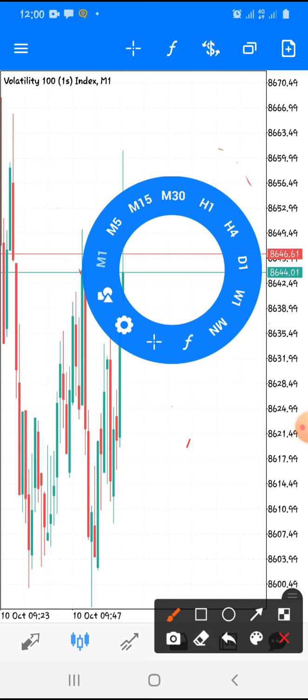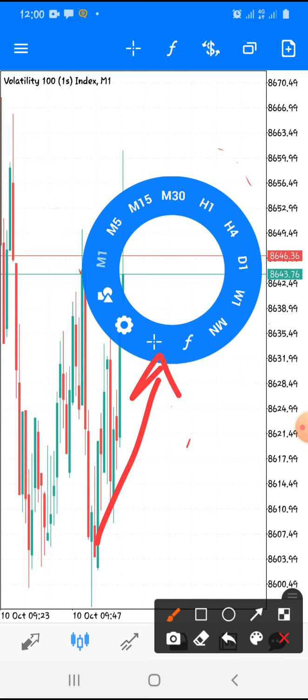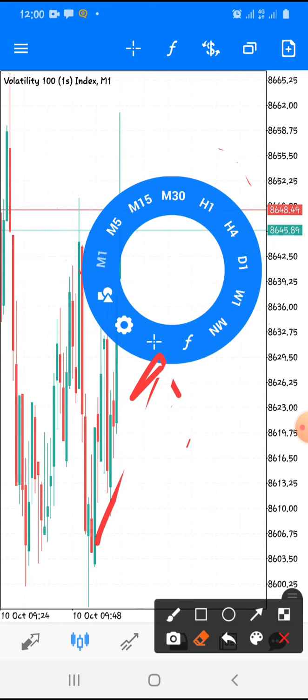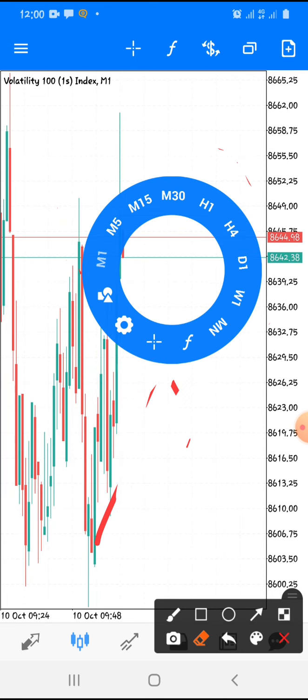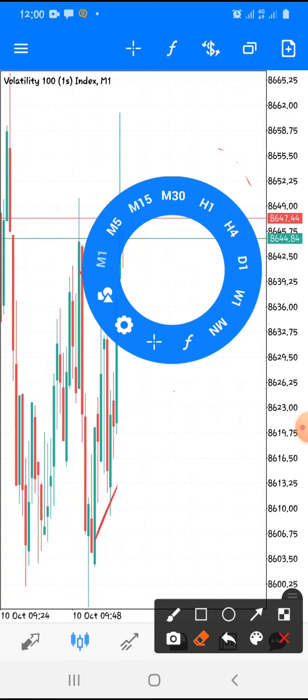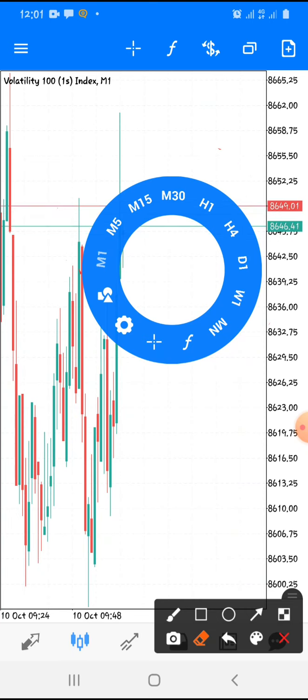This is a pointer. It helps you to detect the exact position where you want to place your stop loss, or you want to trade stop, something like that. But it is also helpful.